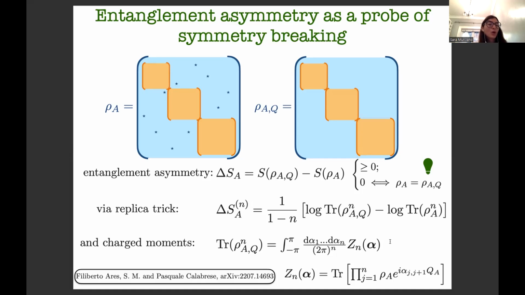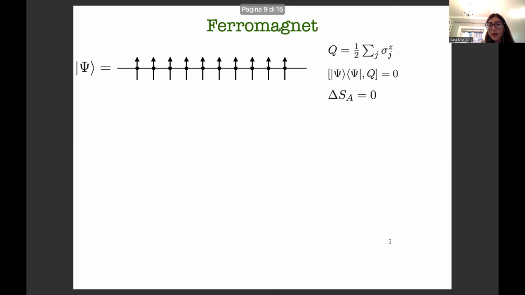Now, in order to show that the tool that we have introduced is an efficient way to probe symmetry breaking, I will do an example. If we consider a ferromagnetic state like this, with all the spins aligned, the density matrix that we can build from this state does commute with the total transverse magnetization, so delta S is equal to 0.